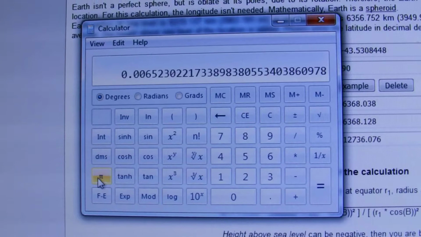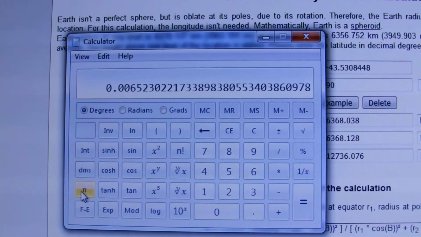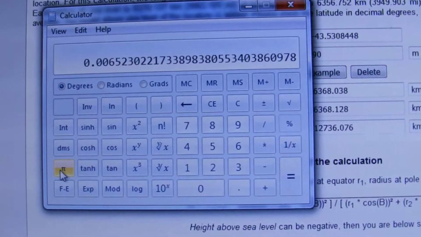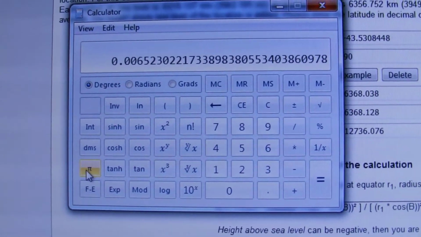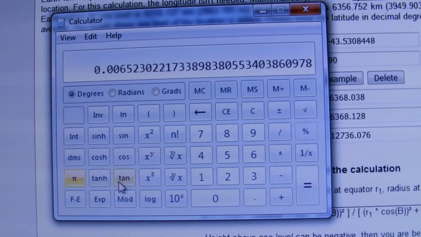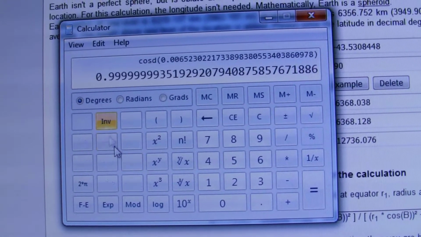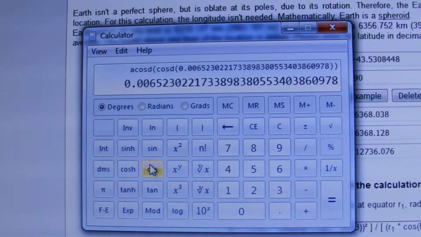That fraction of a circle, because there are 360 degrees in a circle, that fraction of the radius, sorry, you have to divide by 2 times pi to get a fraction of a circle, because the circle is 2 pi times the radius, then you multiply it by 360 to get an angle in degrees. And it has the same cosine. It's the same angle. Of course, that's the angle at the far end of the lake.